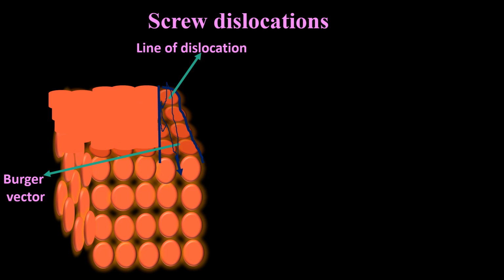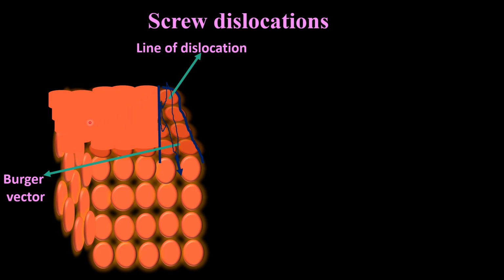This will be the line of dislocation. We can say that the line of dislocation along this plane and the Burgers vector, which is the slip direction, are both parallel to each other.